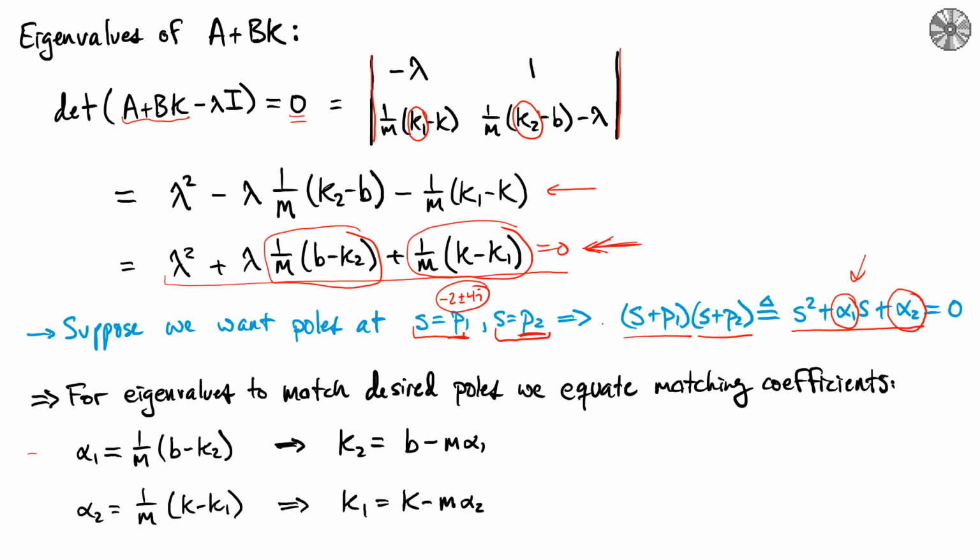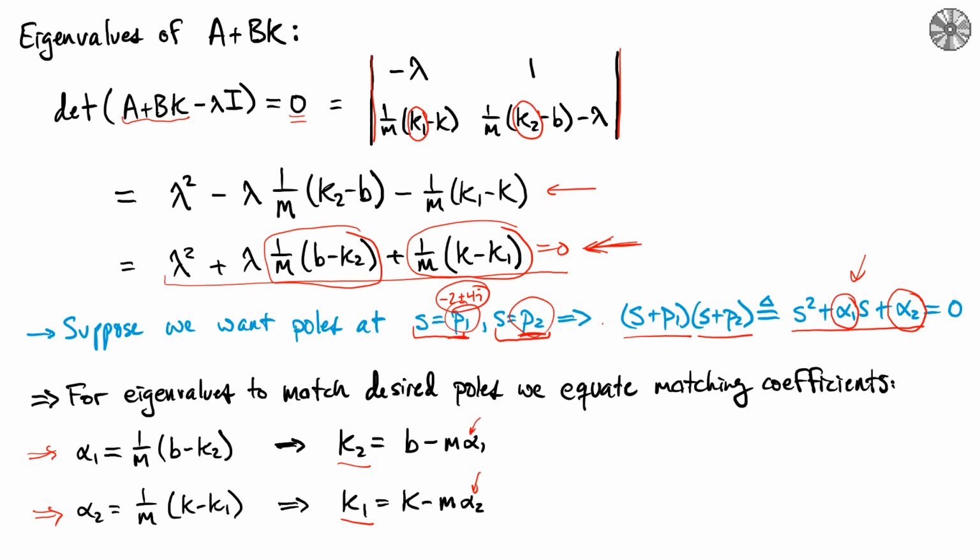And so if we set the matching coefficients equal to each other, then we can solve the system of equations for the gain values k1 and k2.